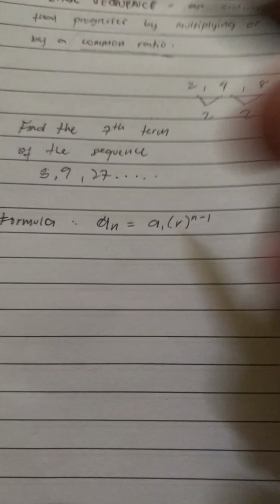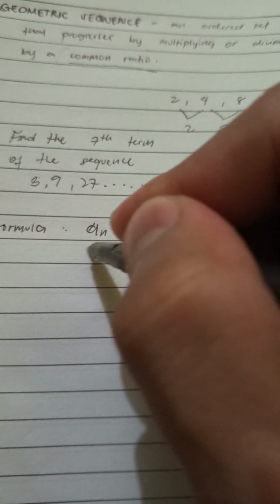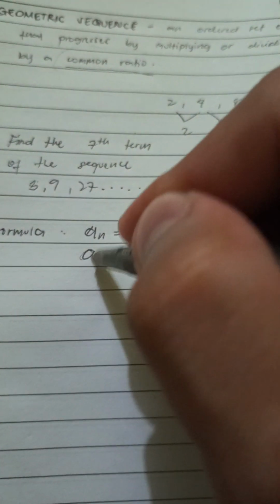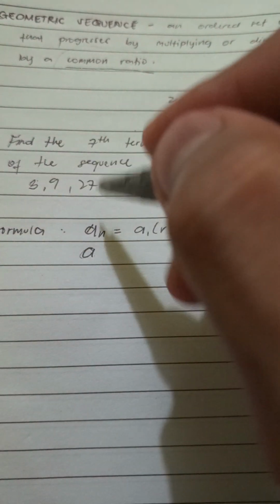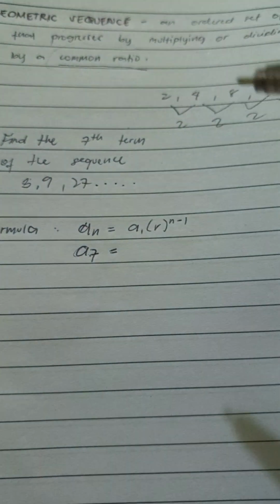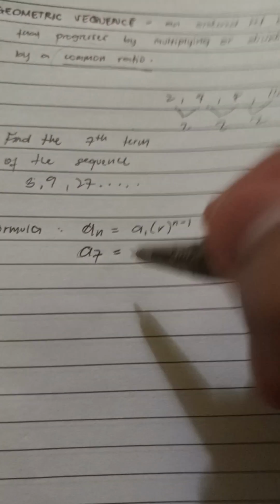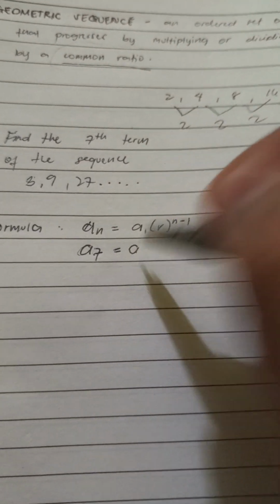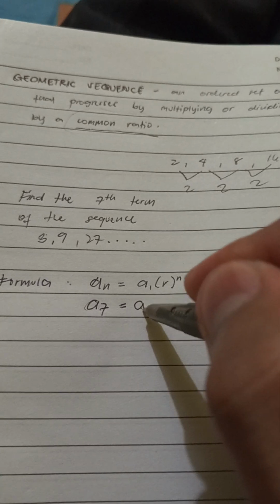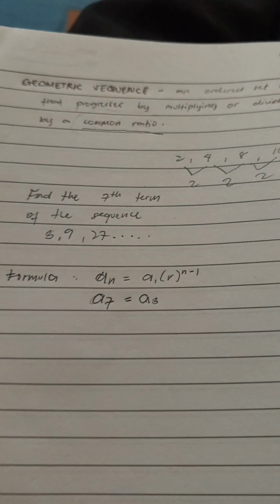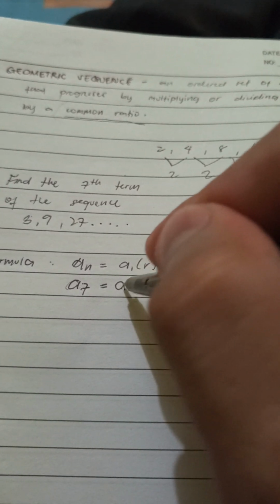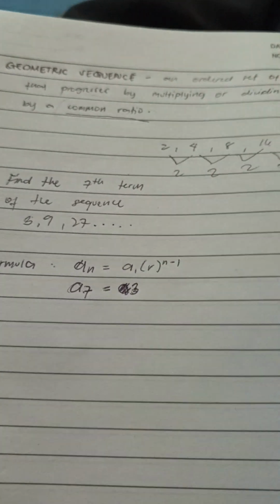So let's simply substitute each of the values. Our n is 7, so let's write it down. Then our first term, a sub 1, is 3.